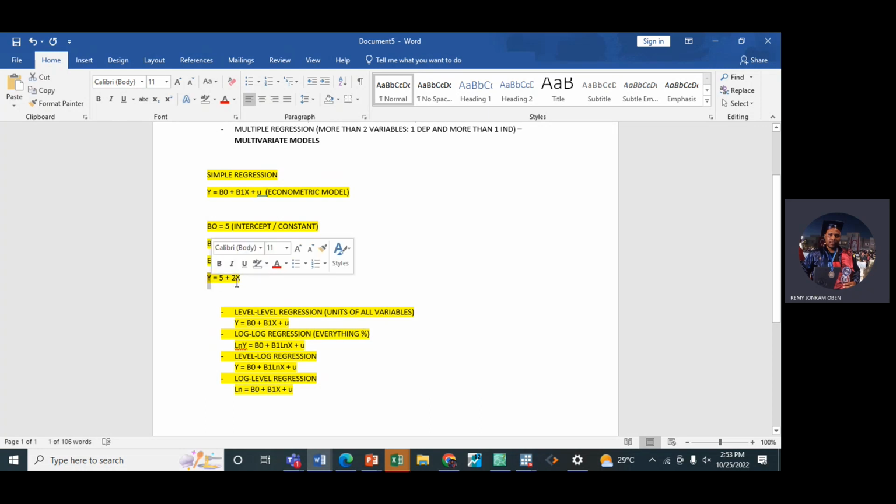Y here is level and X here is level. So in this our mini case we did here, this is level. And while interpreting it, you use the units of all the variables. If it is log, it is the easiest way to interpret. You use everything in percentage.